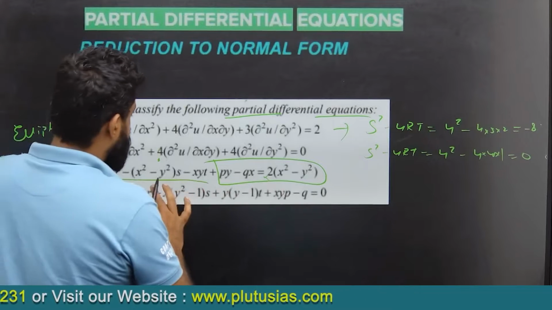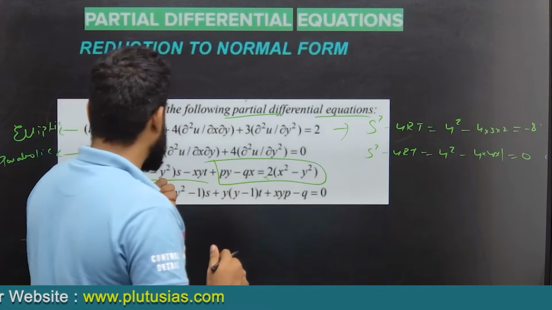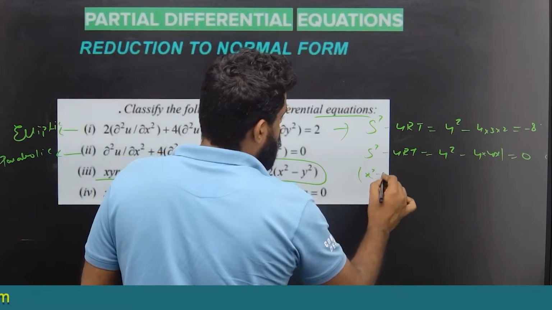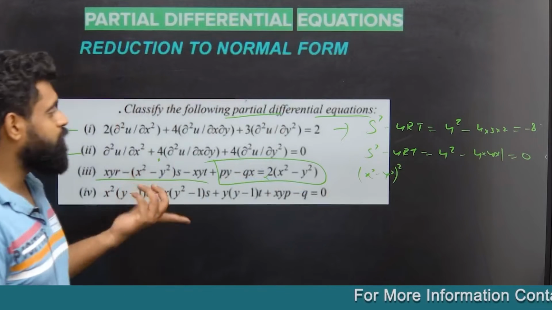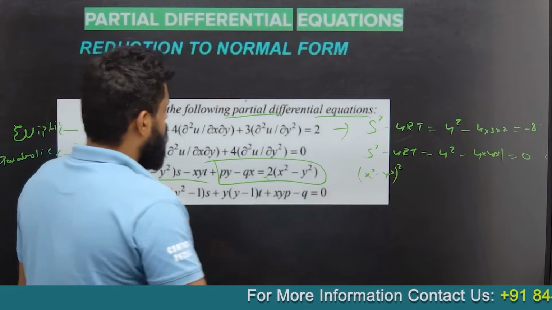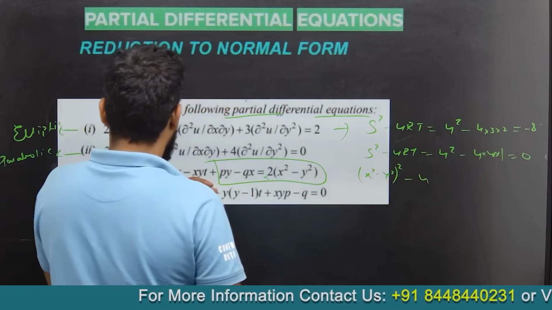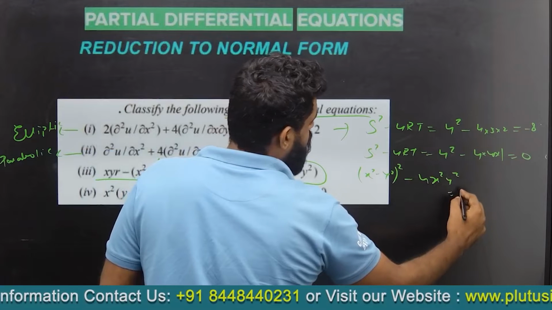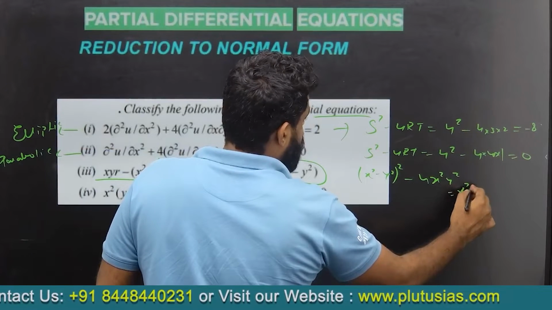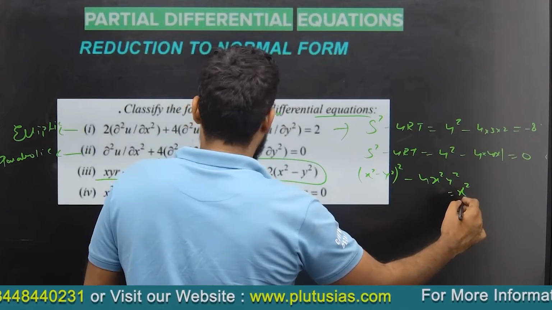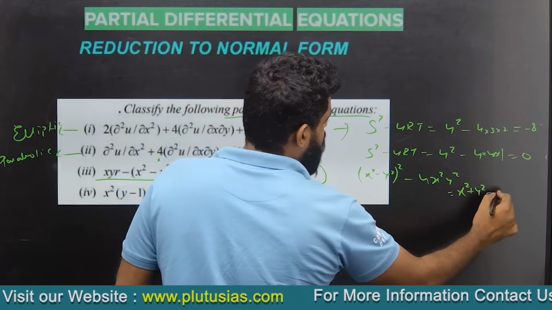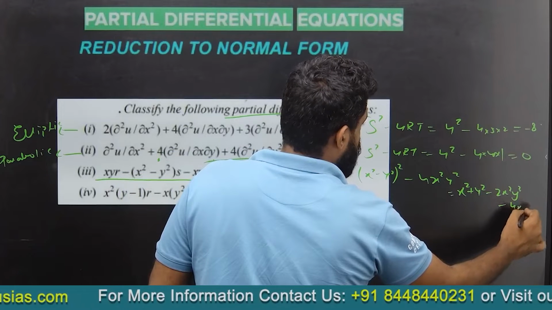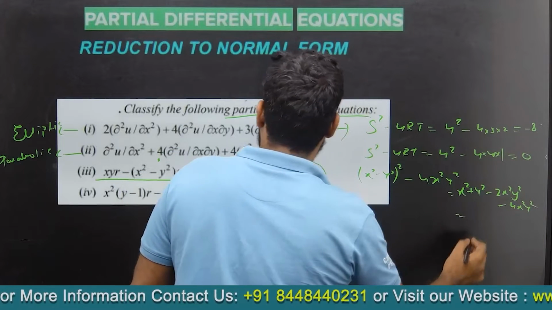In this case, what is s? S is x square minus y square, so it will be x square minus y square whole square. It is minus, but minus doesn't matter. And minus 4 times rt, that is x square y square. This would be equal to x square plus y square minus 2x square y square minus 4x square y square.